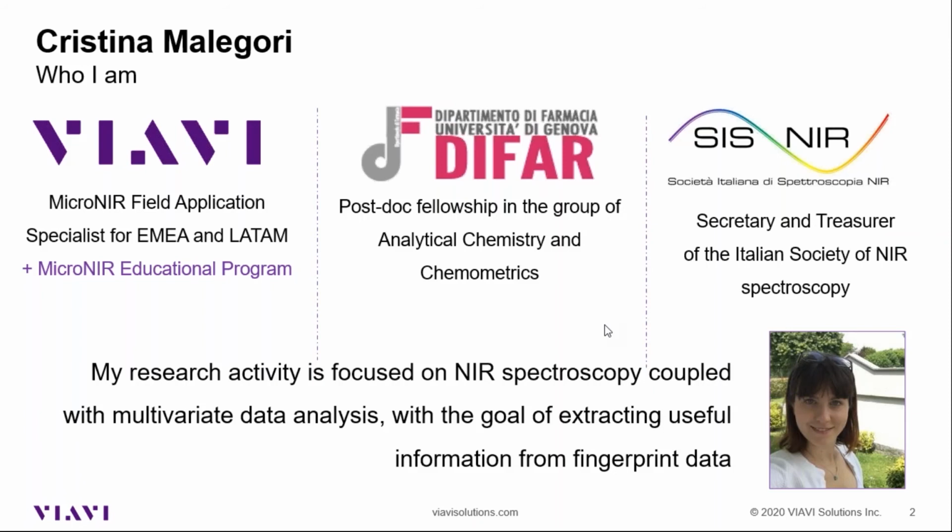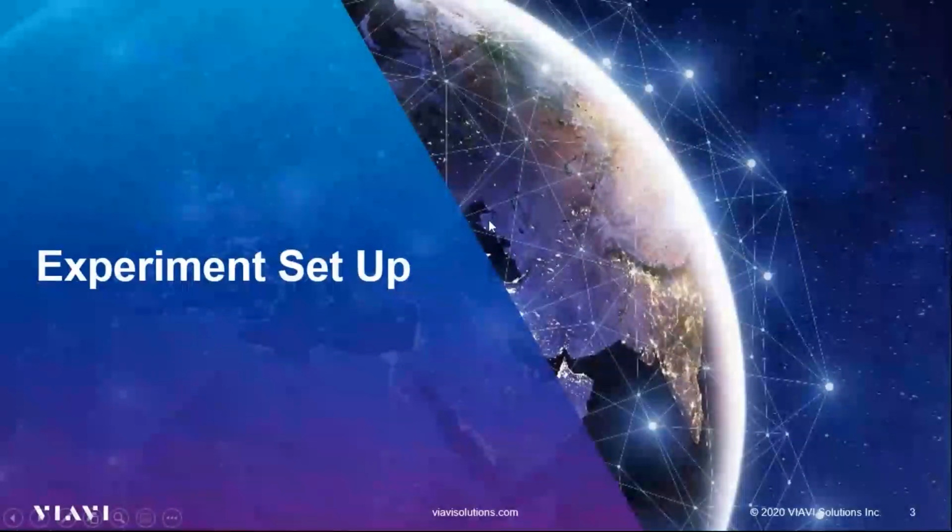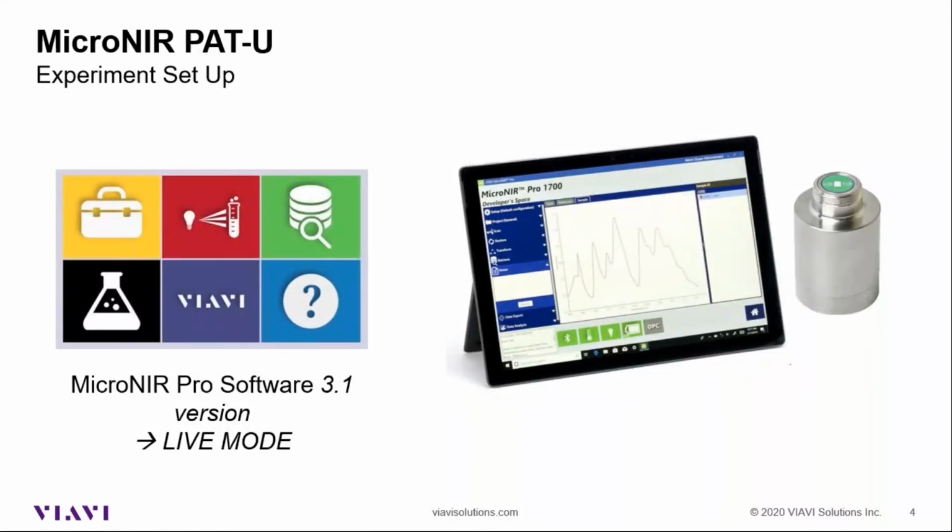My research activity is focused, of course, on NIR, but in particular on multivariate data analysis. So the aim is to extract the information that we are acquiring with the spectra, and try to understand what is happening in our process or in our product. But today, we will focus on a specific case study.